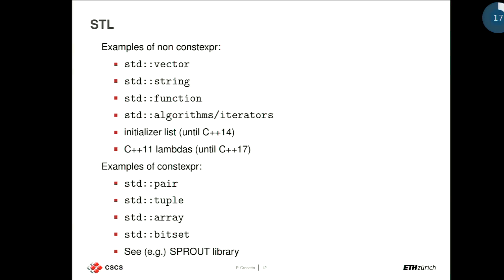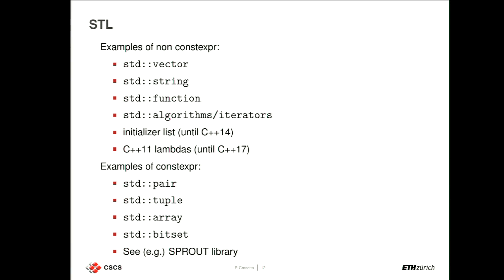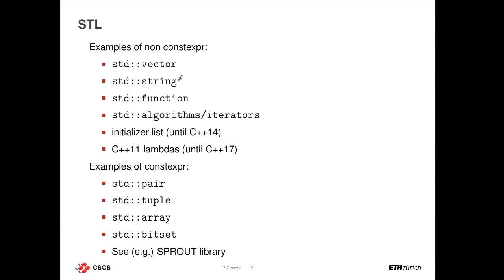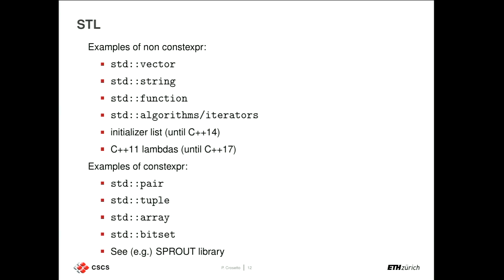Now, in the STL, there are several things which cannot be constant expressions, and some others which can. Containers like vector or list or maps cannot be constant expressions because they have an allocator which allocates the storage on the heap. So you cannot have these at compile time.